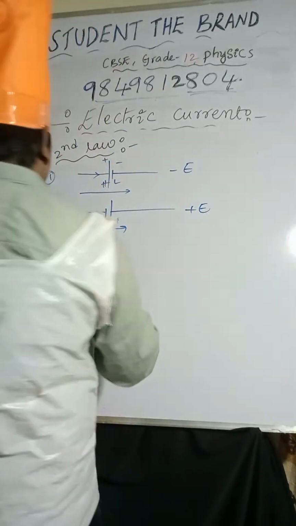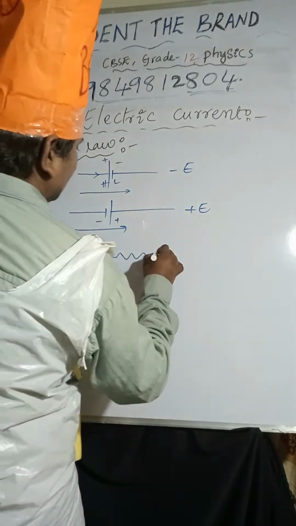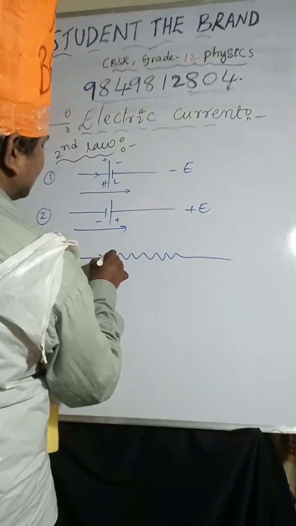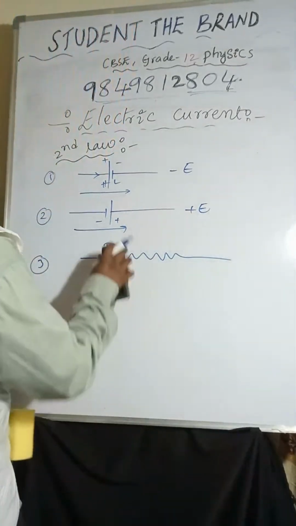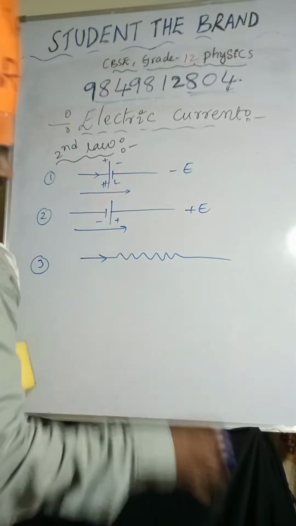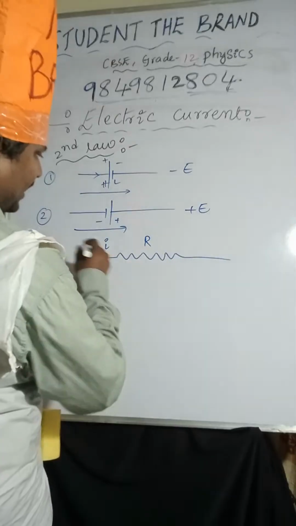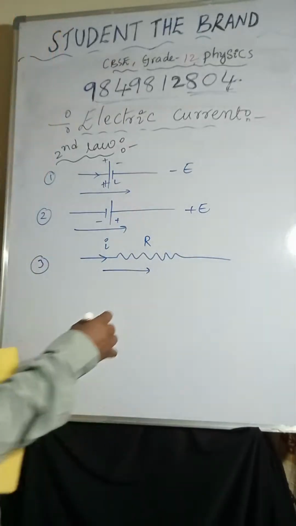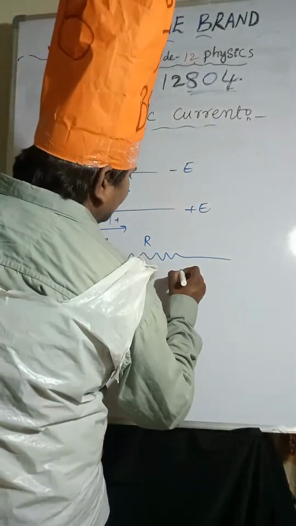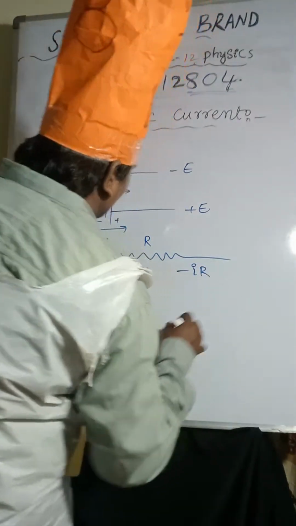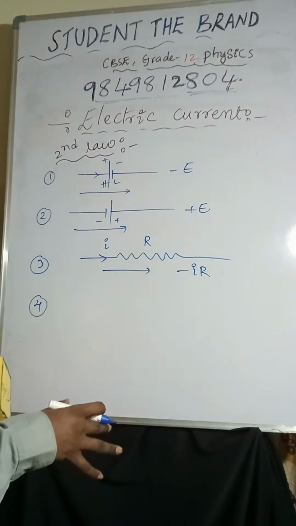Coming to the next one: if you are moving through a resistor along the current direction, the IR term, where R is the resistance and I is the current, is negative, because potential is decreasing.